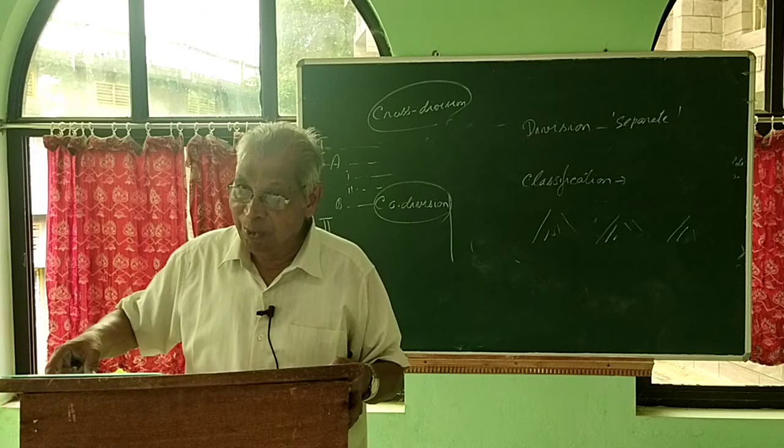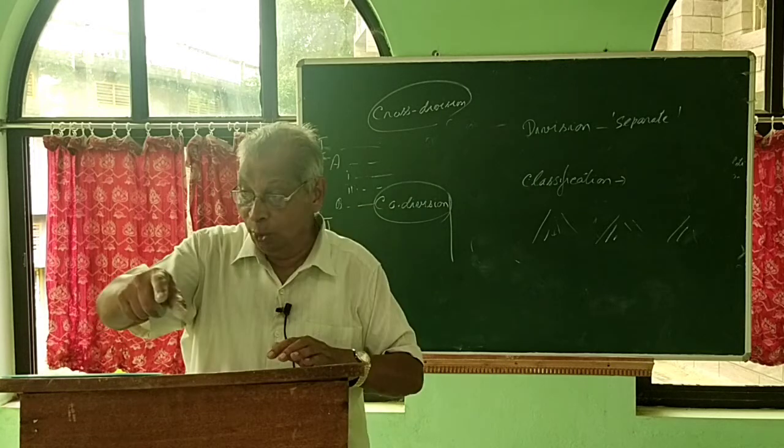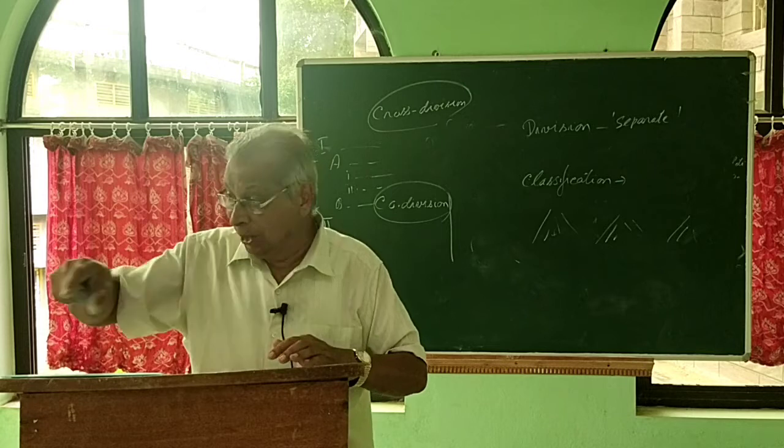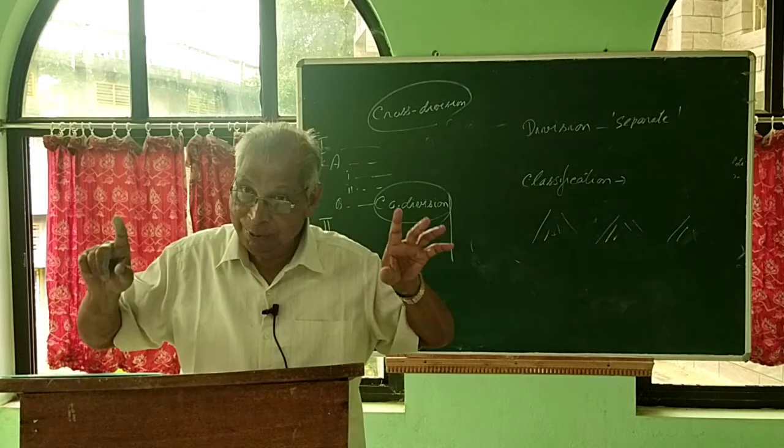Among them, some happen to be Africans, some Asians, some Europeans. How do you classify? You are an African, come here. You are an African, come here. You are a European, come here. You bring the individuals together into small groups. That is, we are classifying.